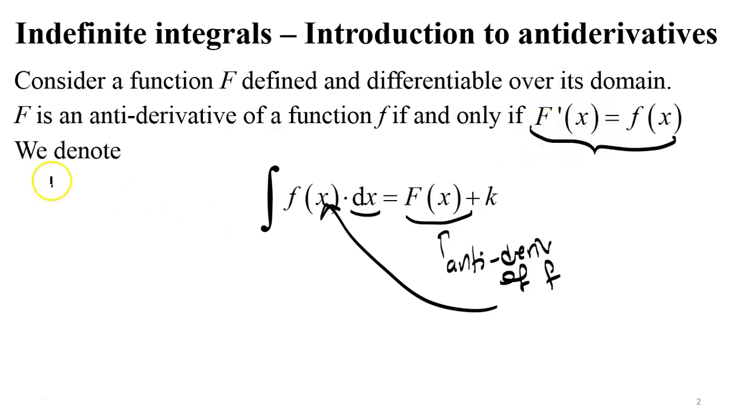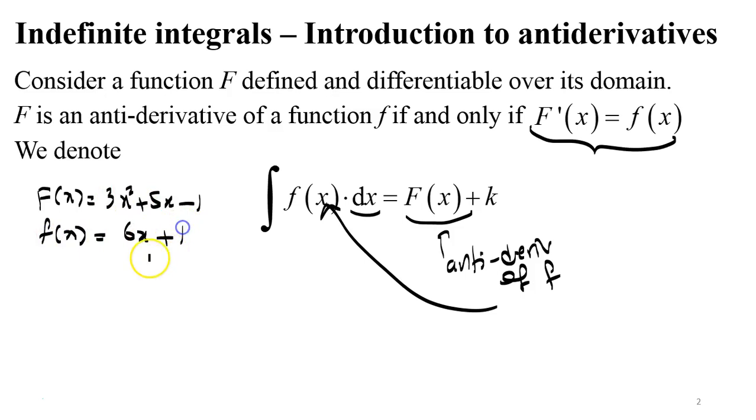For example, if you were given capital F of x equals 3x squared plus 5x minus 1, and small f of x equals 6x plus 1, and given the two functions, you need to determine if one of them is the derivative or an antiderivative of the second one.